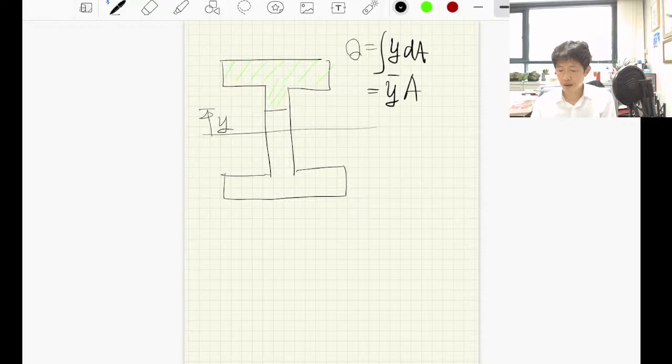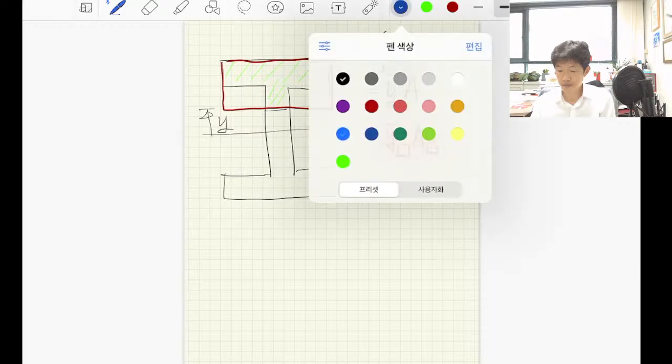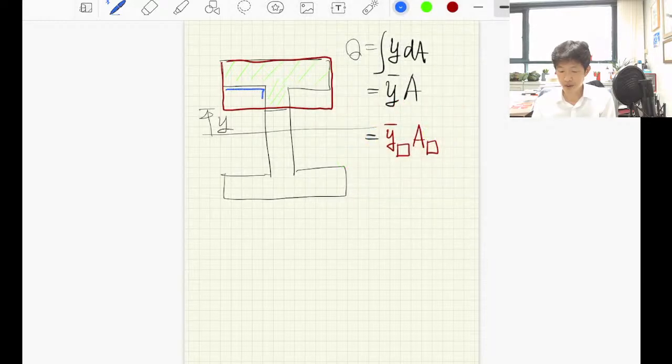This is very similar to this. We consider the large section, y bar for the large section and the area for the large section. And then we subtract the small section, the negative section, what I mean. We subtract this negative section. So minus y bar of the negative section times the area of the negative section.